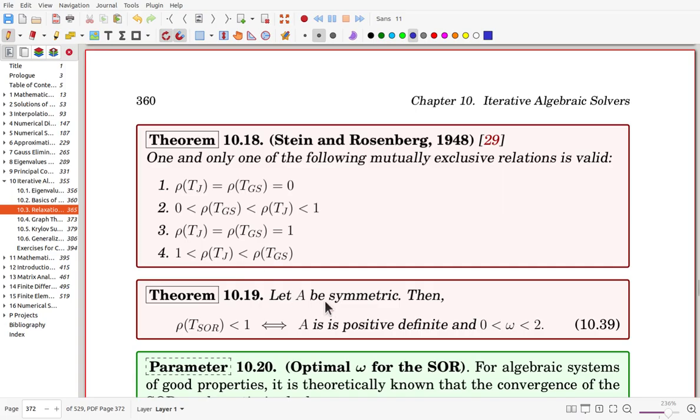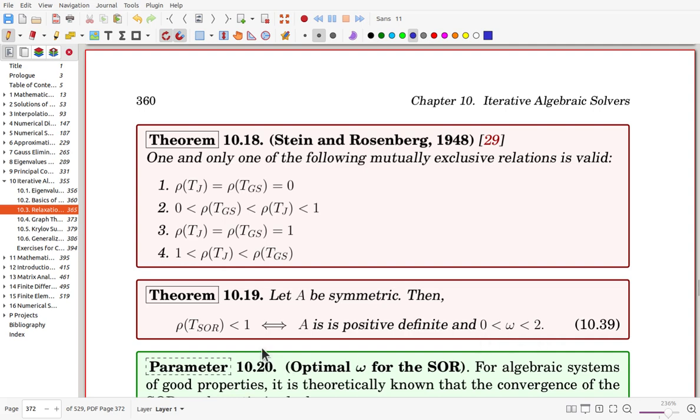For symmetric matrices, if the SOR spectral radius is strictly less than 1, which means that SOR is convergent, then A must be positive definite and symmetric, and positive definite means that all eigenvalues must be positive, and omega must be between 0 and 2.